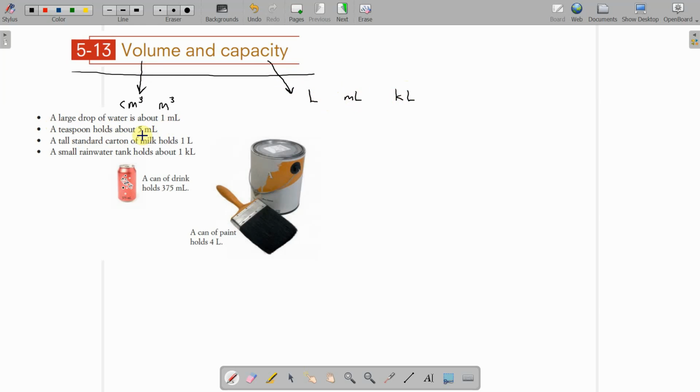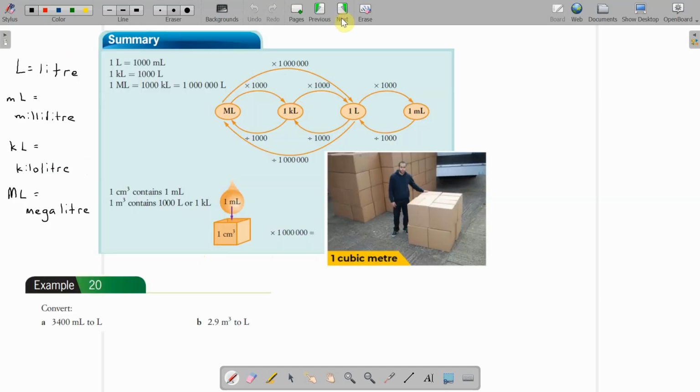A teaspoon is 5 millilitres; it's usually what you use to put sugar in your coffee. A standard carton of milk is 1 litre. A rainwater tank, which is quite large, is 1 kilolitre. A regular can of drink is 375 millilitres, and a regular can of paint, though they differ in size, is 4 litres.